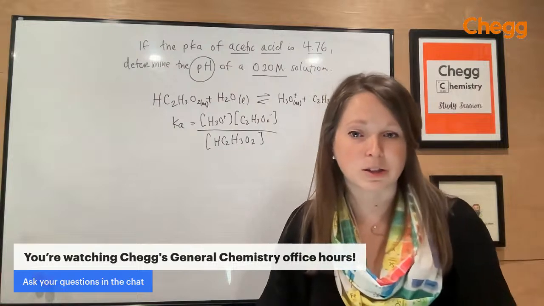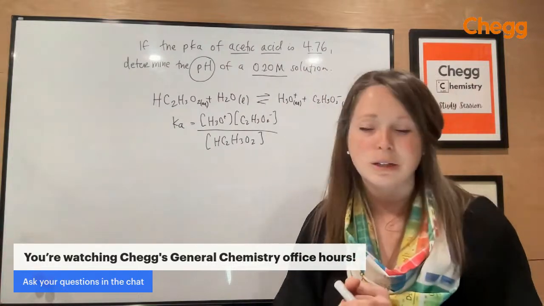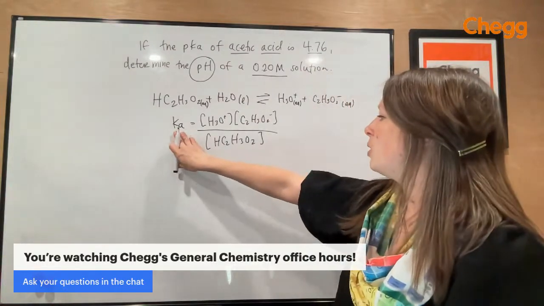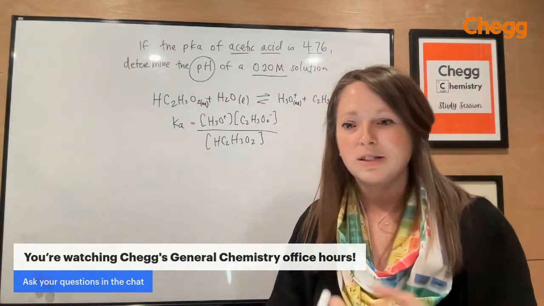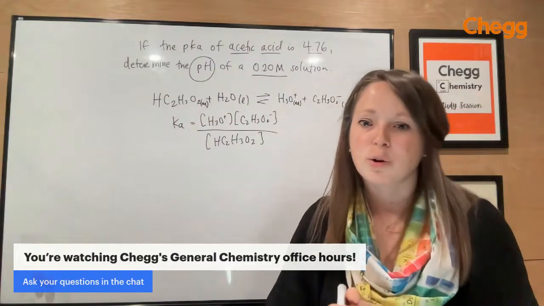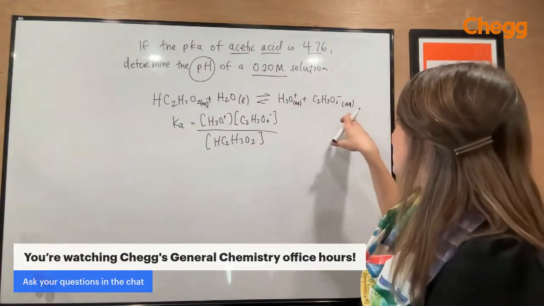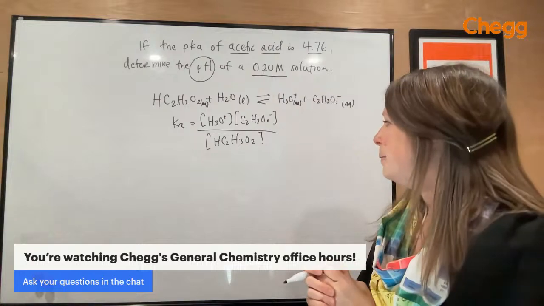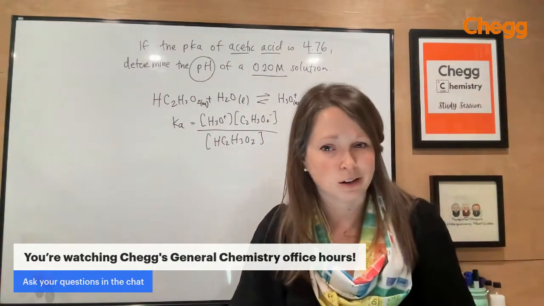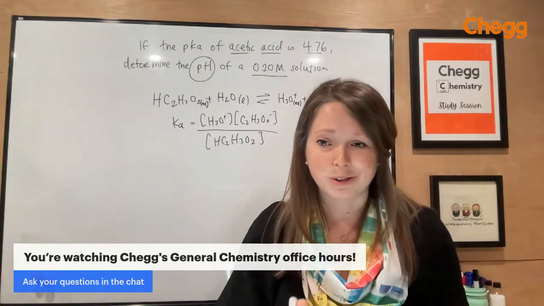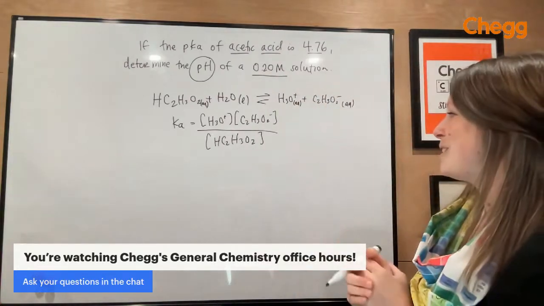Because it's a pure liquid. Pure liquids and pure solids are not going to affect these equilibrium expressions or acid-base dissociation constants because they don't impact equilibrium. So you're only focusing on anything that is aqueous or gaseous. And in this case, I'm looking at the concentration. Remember, with equilibrium expressions, you can also look at the pressures. Sometimes you can also do the moles. So it just depends on what you're looking for.